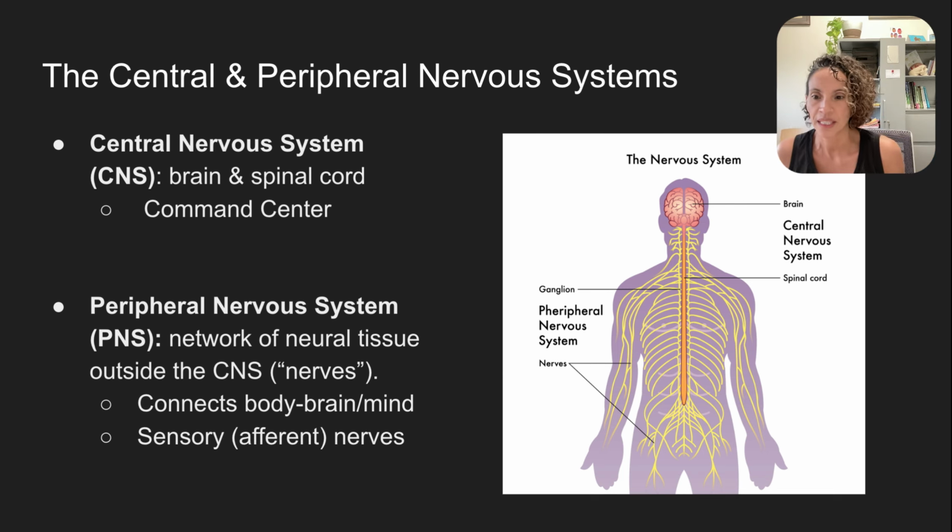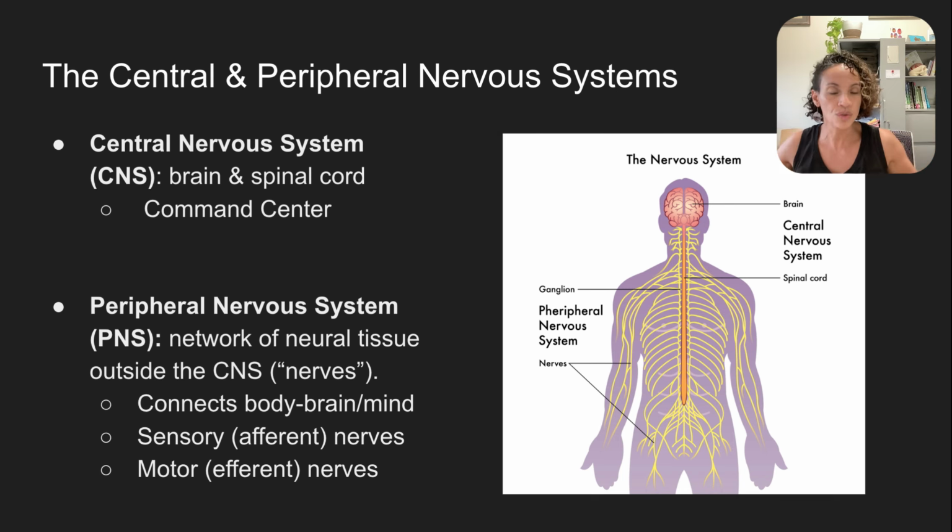The peripheral nervous system is made up of both afferent, meaning sensory nerve fibers that bring in information like sight, sound, touch, smell, taste into your brain so you can taste that delicious chocolate or see that gorgeous sunset, as well as motor or efferent fibers, which are fibers that relay commands from the brain to your body.